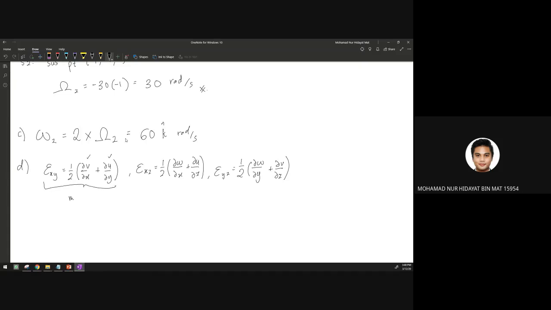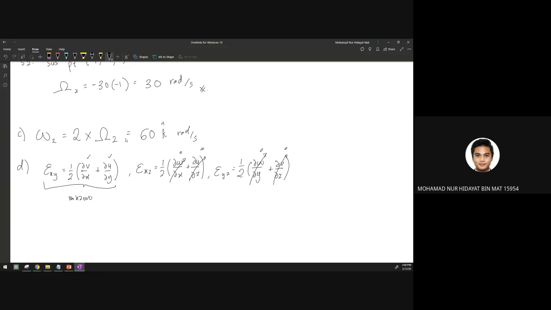Alright. This is non-zero. How about this? W is totally zero. And z component is totally zero. There is no component. So how about this? This is zero. And this is 0 because we don't have k component, right? So we need to solve only this component.